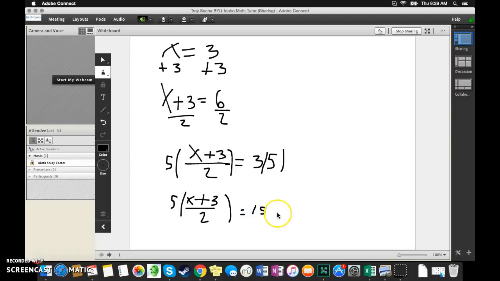And heck, I think I could do even better, so I'm going to subtract 2. So now I get 5 times x plus 3 over 2, minus 2, equals 13. All right.